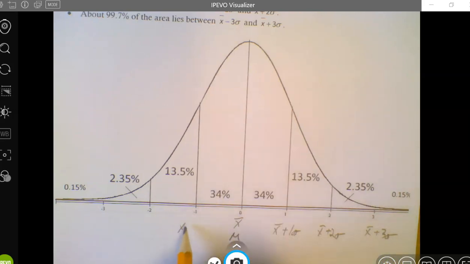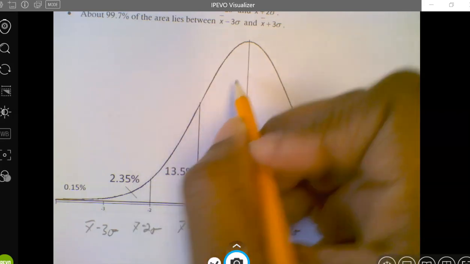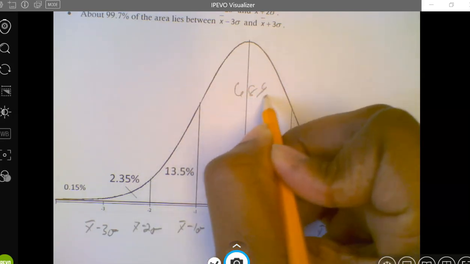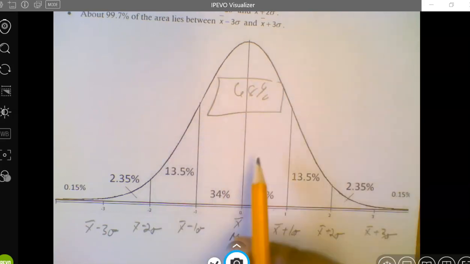And this would be x bar take away 1, and x bar take away 2 standard deviations, x bar take away 3 standard deviations. All right, and keep in mind, within 1 standard deviation, as in 1 to the left or 1 to the right, you should have 34% here and 34% there, giving you a total of 68% of all data in that first standard deviation away from the mean.